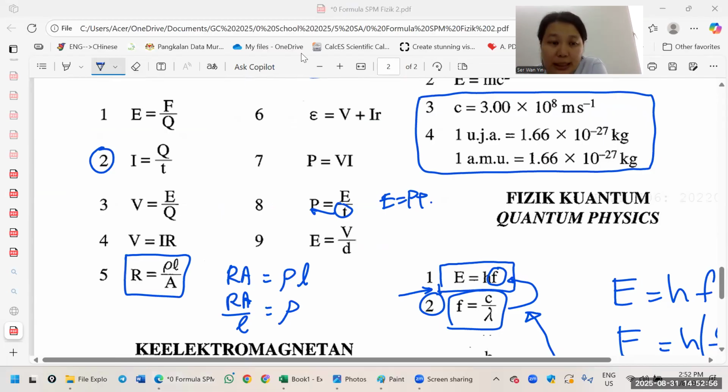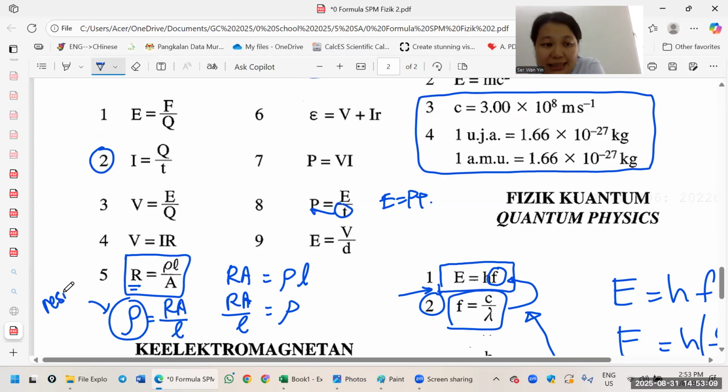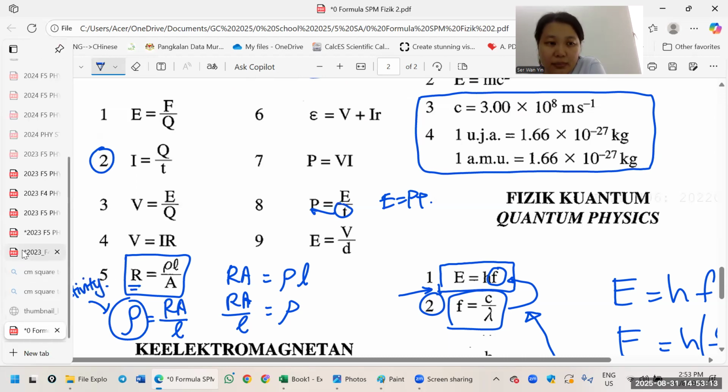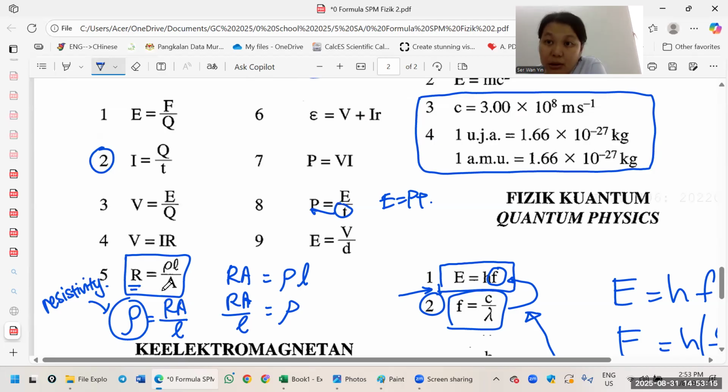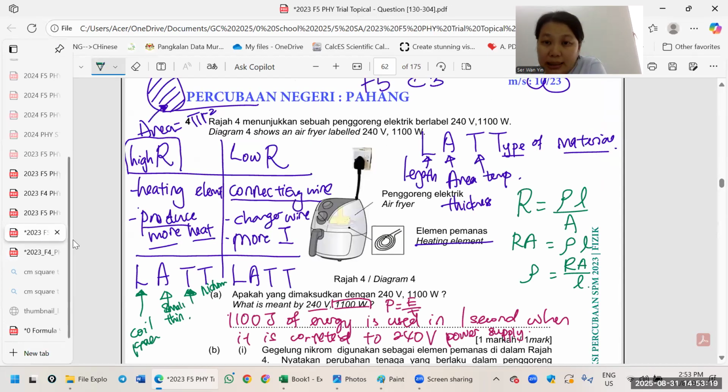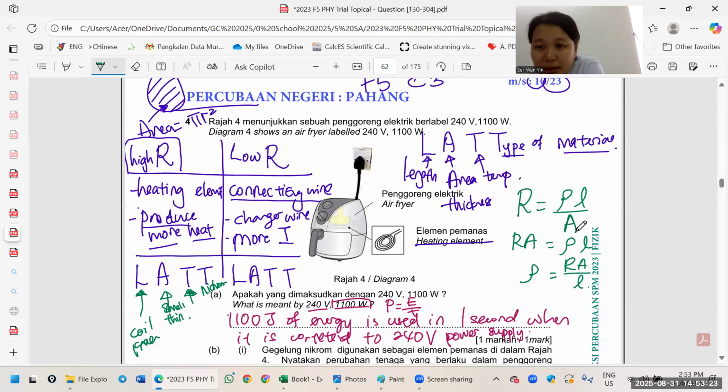This is for resistance. So you flip them by algebraic formula, then you will get RA over L. And this is called resistivity. Last year also got this question. A lot of your seniors don't know the area is area of circle.